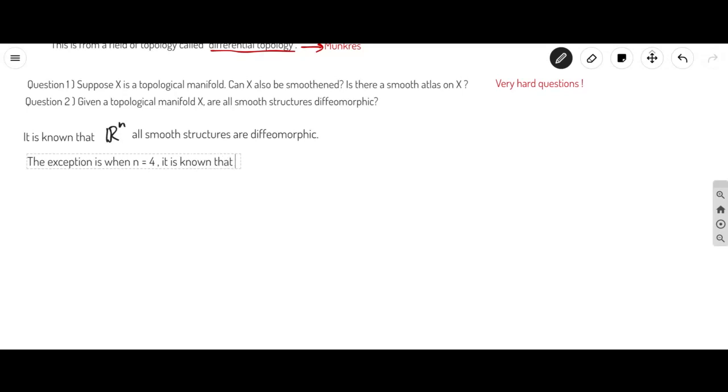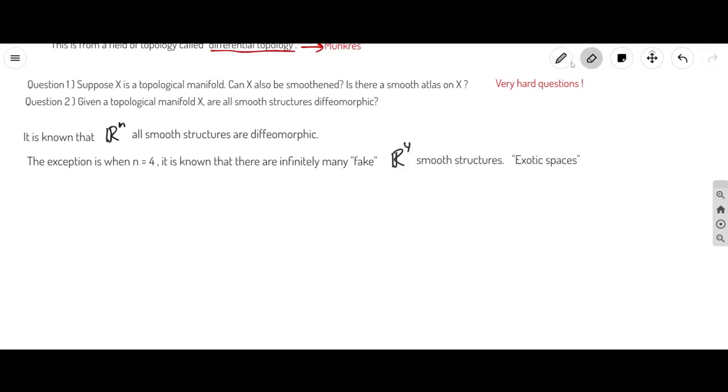It is known that there are infinitely many fake R^4 smooth structures. You can sometimes call these exotic spaces, an exotic R^4.